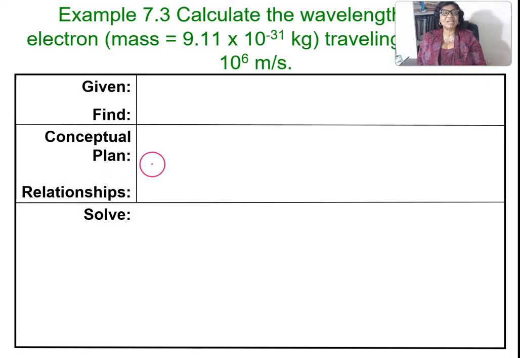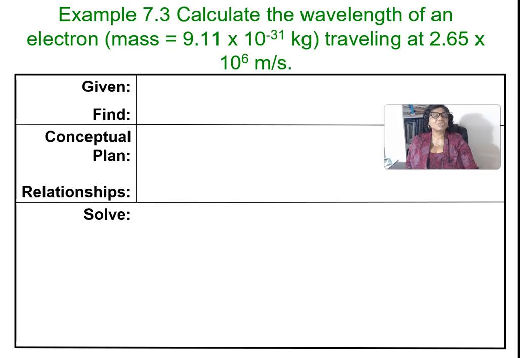So let's take an example. Let's look at that calculation, that equation, and use it to calculate the wavelength of an electron. This is the mass, traveling at 2.65 times 10 to the 6 meters per second.